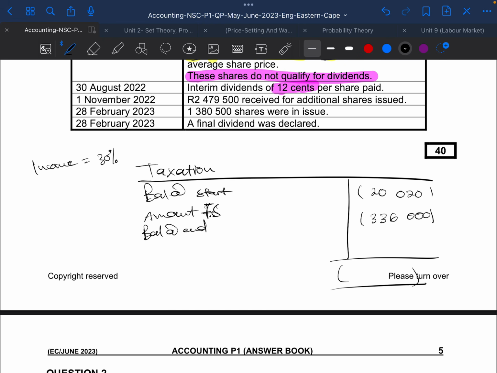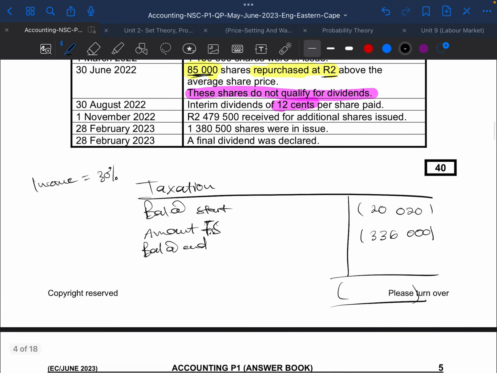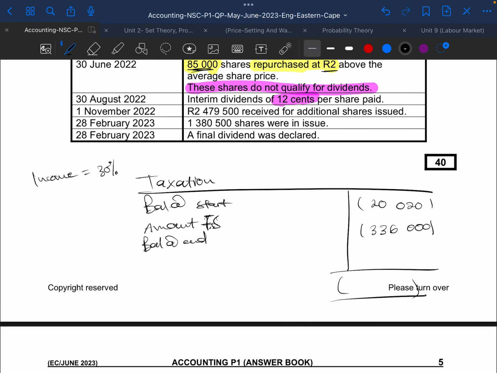This amount will always be in brackets, whether you like it or not, because we are supposed to pay SARS that amount of tax. And then the balance at the end, which has a debit balance, plays a huge role in determining whether we have paid SARS more or less. If it's a debit balance, SARS owes us. And if SARS owes us, that simply means we have paid. Listen to this.